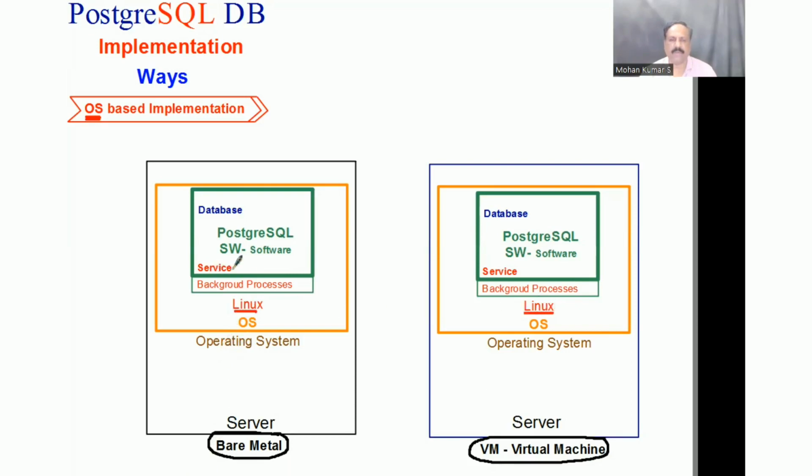How to get this PostgreSQL software is while installing the Linux operating system. One of the options that you get is customizing the software installation. Go for customization, and there you get into the database category. There you can choose the PostgreSQL DB software to be installed, so that all the dependent, required packages will be installed.